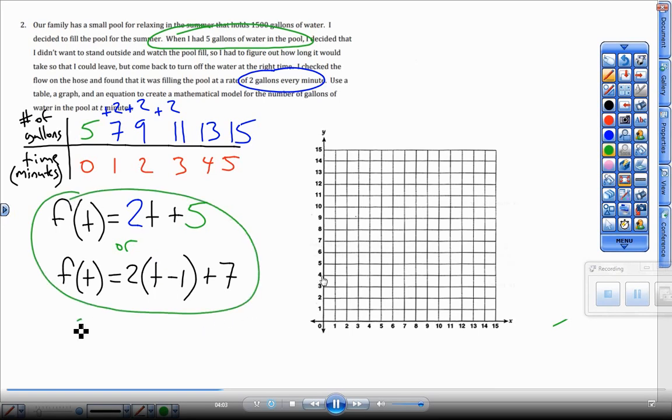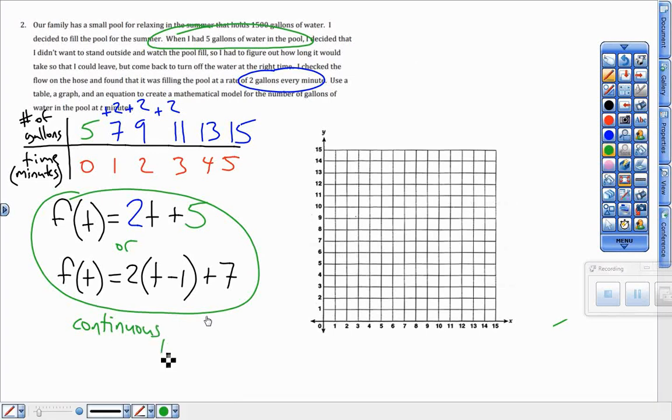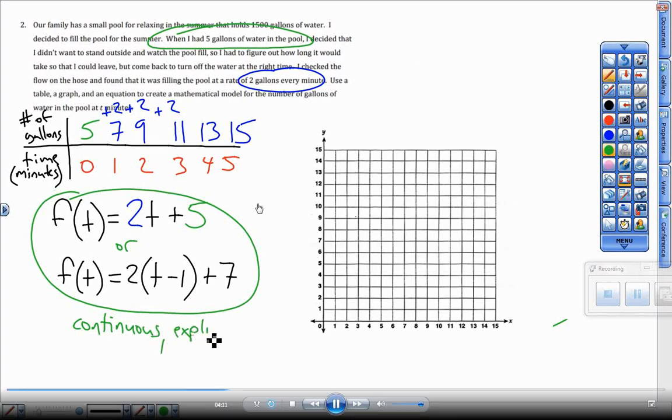Will be a line with the dots with a line drawn through them. This is continuous. The water is continuously pouring into the pool, not having to wait for the pennies like that last problem. And then if I graph it, time on the x-axis and number of gallons on the y-axis will be 0, 5 for my first point, 1, 7, 2, 9, 3, 11, 4, 13, 5, 15.